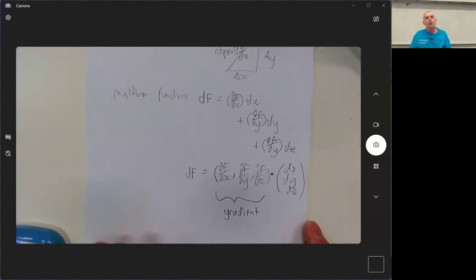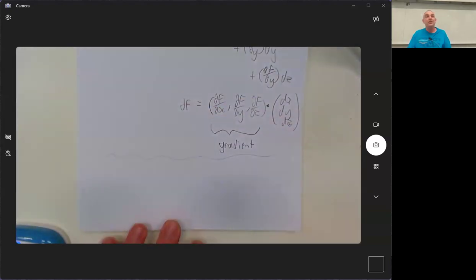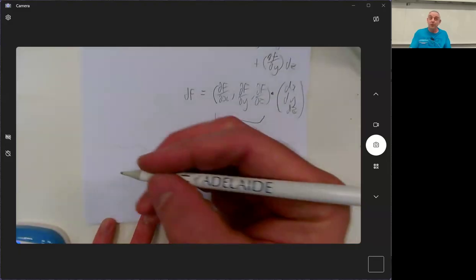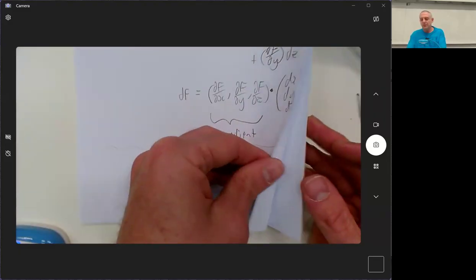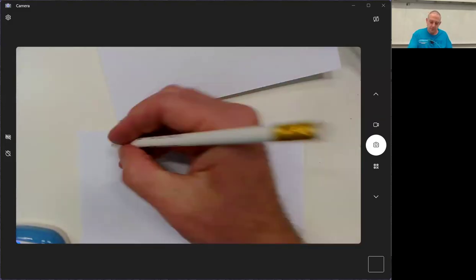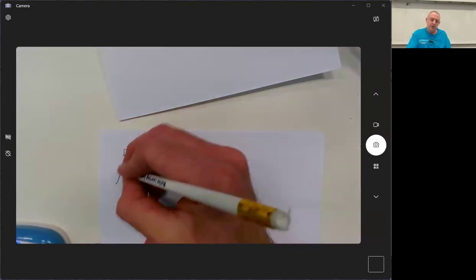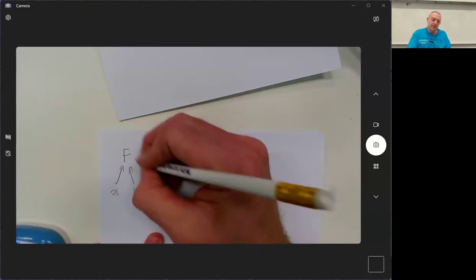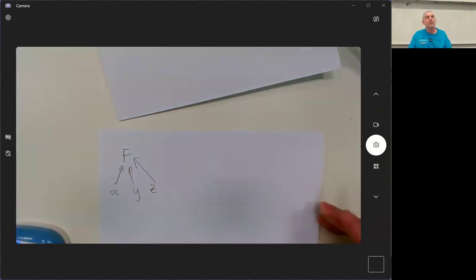So the ultimate goal of partial derivatives is actually to find a directional derivative. So just as a story so far, in fact, new page, because I don't want to be doing this over 2 pages. We have a function which has x and y and z causing it to change.